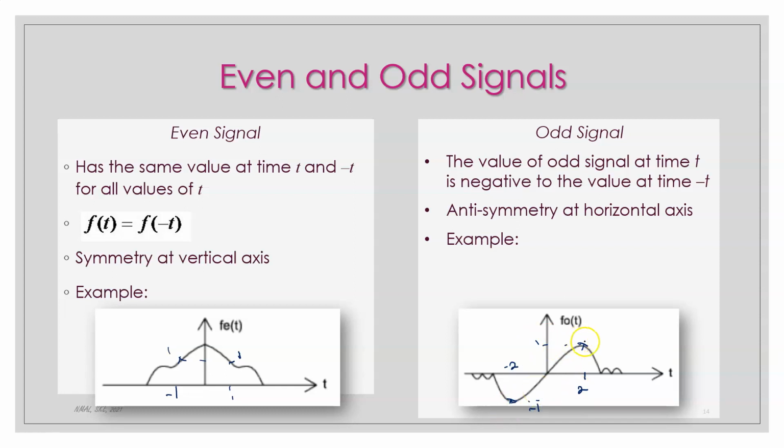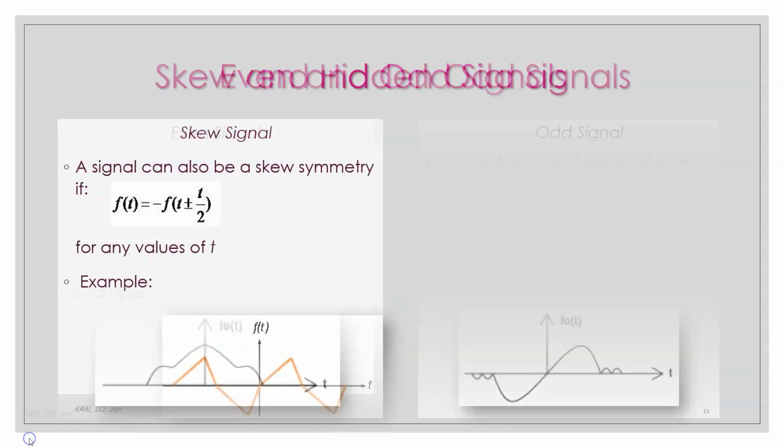So the value here is actually the negative of the value here. So it is anti-symmetric about the horizontal axis, whereas even is symmetric about the vertical axis. This is the main difference between even signal and odd signal.